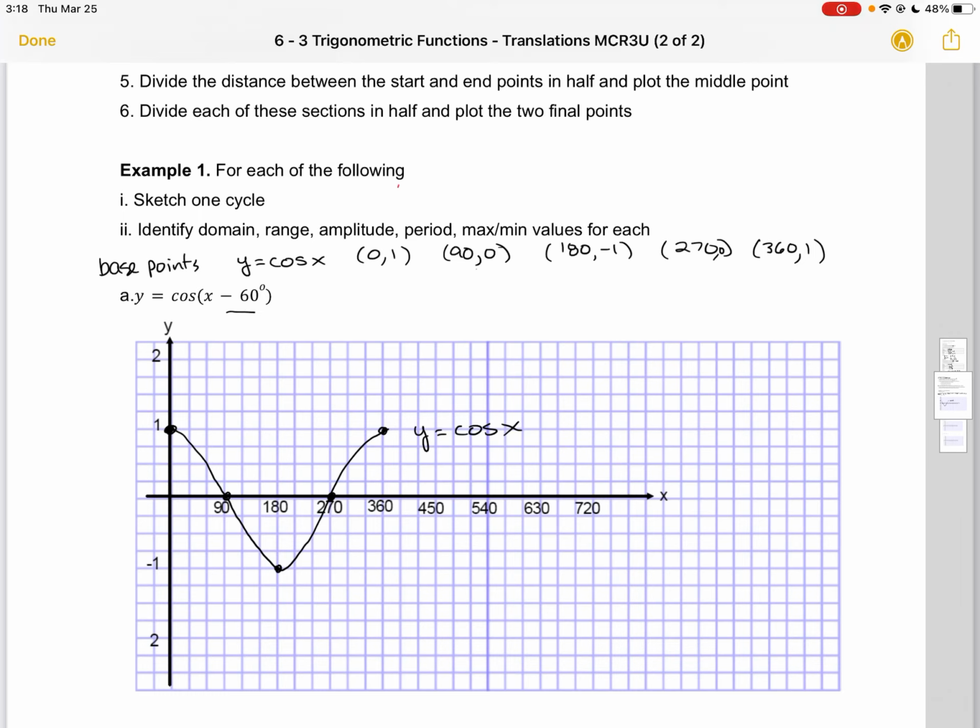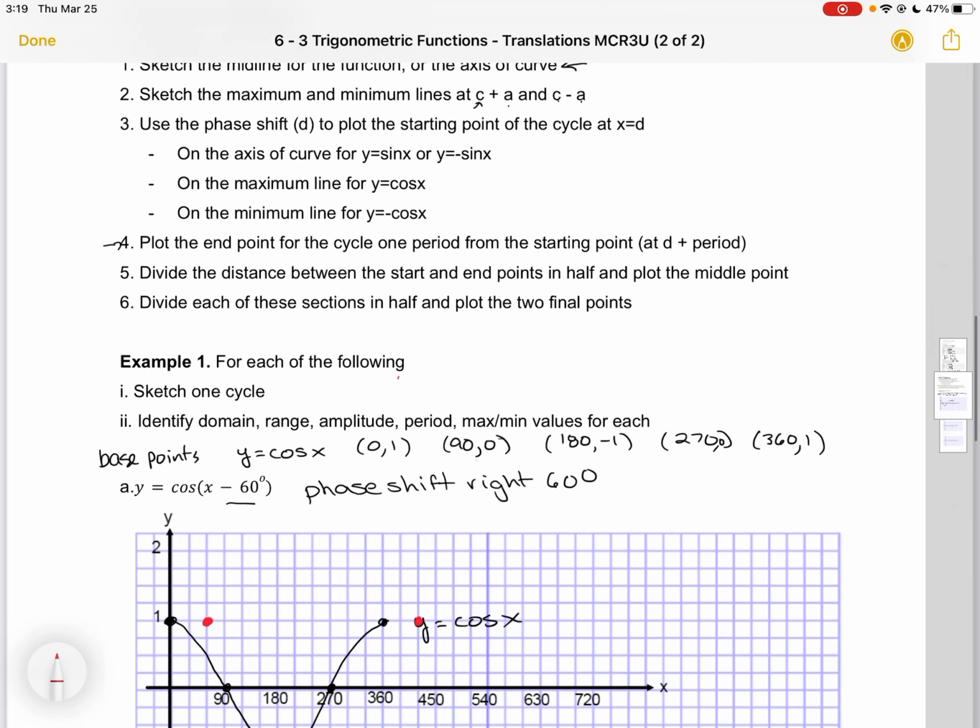Next thing I'm going to do is identify my transformation. So I've got a phase shift right by 60 degrees. I'll change color. Let's use red this time around. That means that my first point, instead of starting at 0, 1, is going to start at 60, 1. So I've plotted my starting point. I'm also going to plot my ending point here.